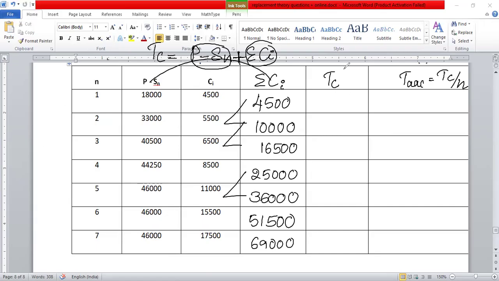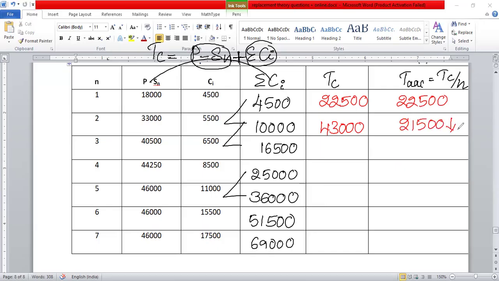First one, 4,500 plus 18,000, so 22,500. 22,500 divided by 1 is 22,500. Now 10,000 plus 33,000, so 43,000, divided by 2 is 21,500.